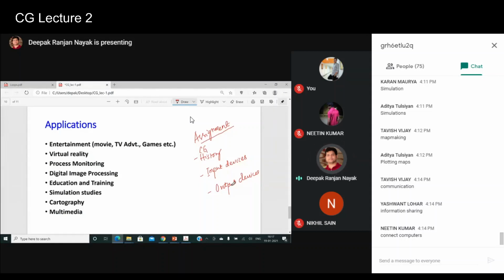There are so many different types of input devices and output devices available. Go through each, the terms and how they function, along with the CG history. Please read it out. This theoretical part you have to read by yourself.